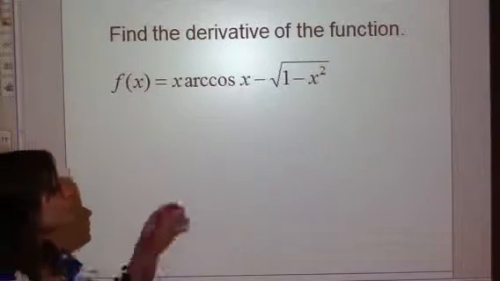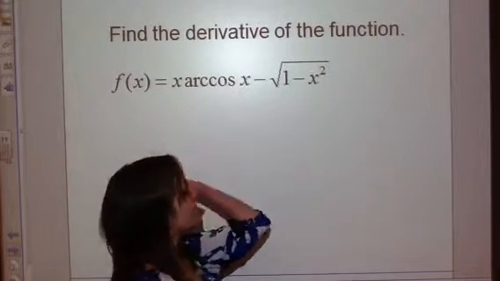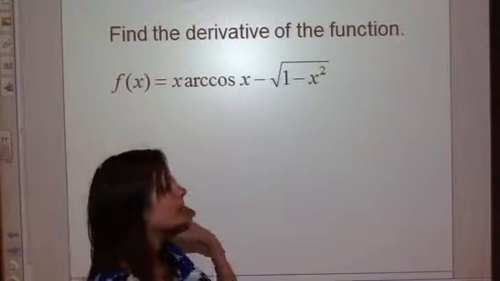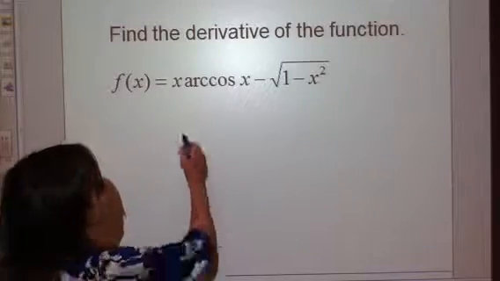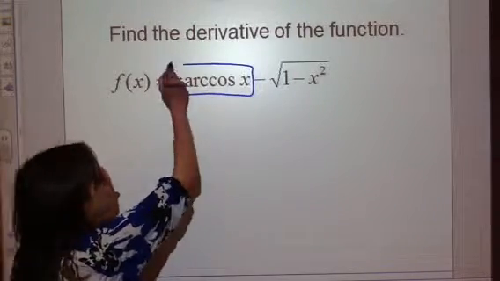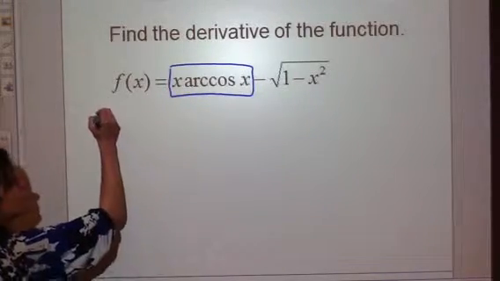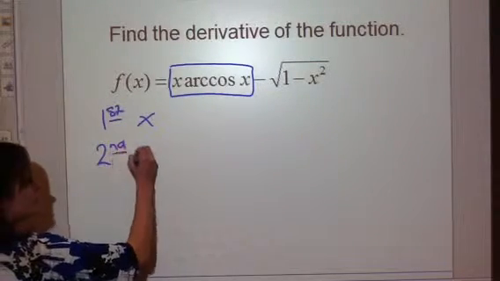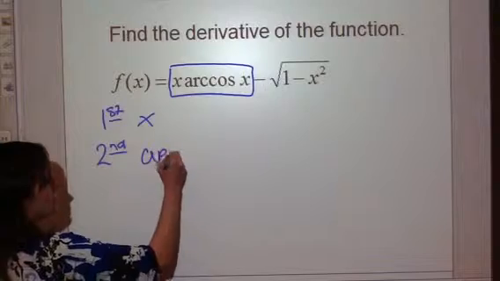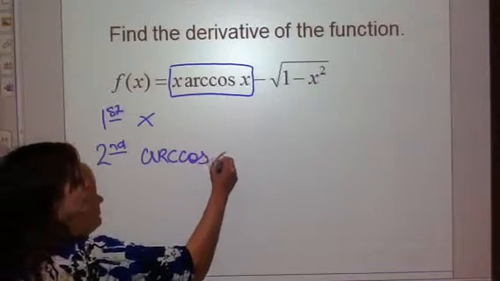Right, so we've got x arc cosine x minus the square root of 1 minus x squared. For this first part, you need to do the product rule. So our first is x, our second is arc cosine of x.